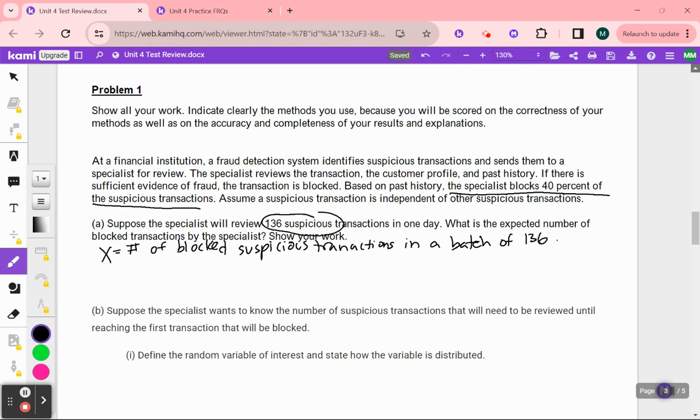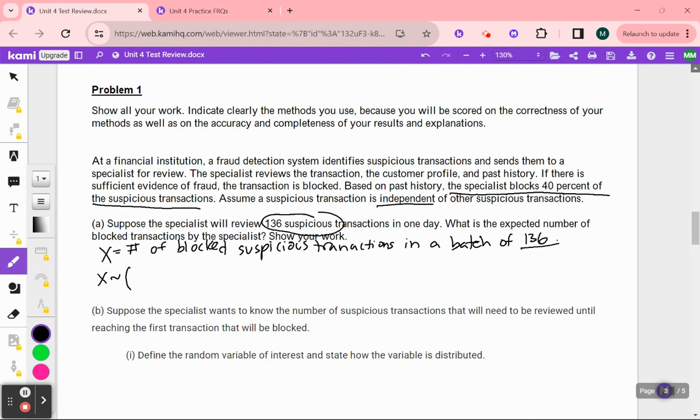First of all, X is binomial because I have a fixed number of trials, I have independent trials, I have binary outcomes, either success or failure, and I have the same probability of success in every trial.